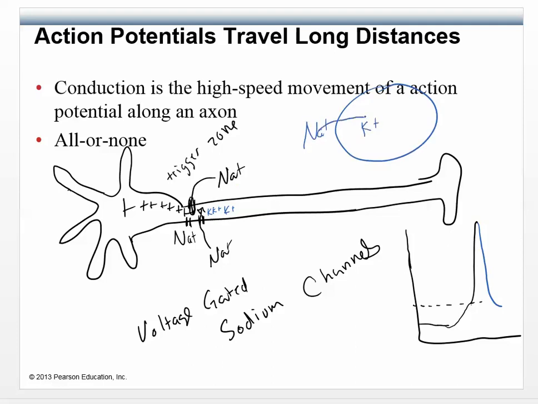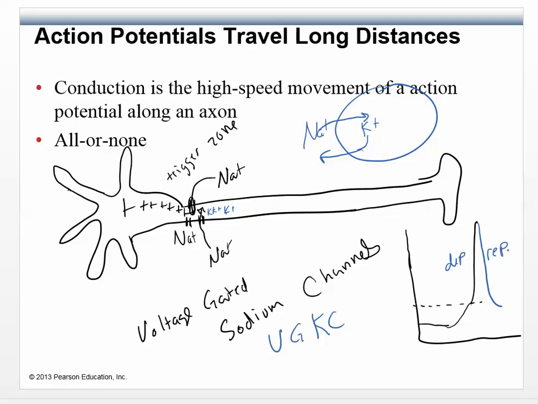When that sodium moves in, right after that, there are voltage-gated potassium channels that open and let the potassium out. Potassium is positively charged, so it's taking that positive charge out, which makes it more negative inside.